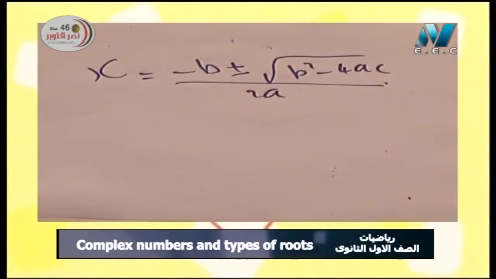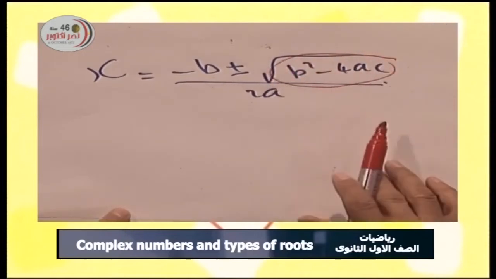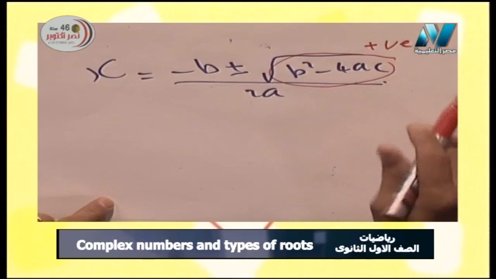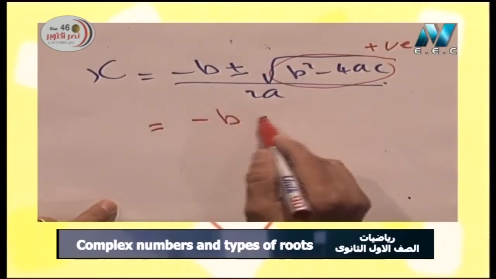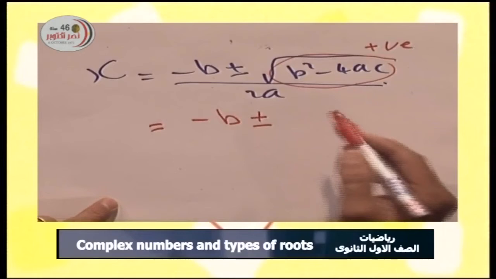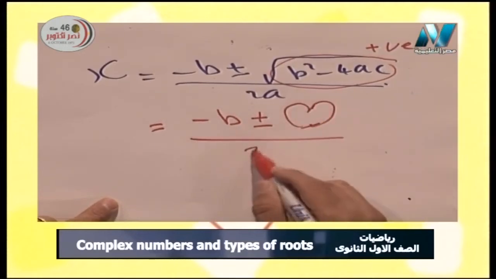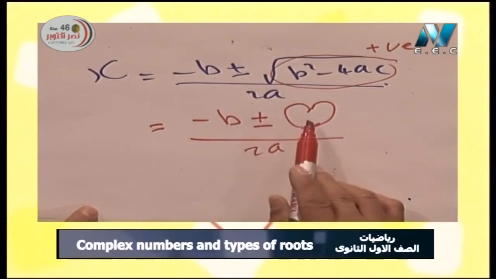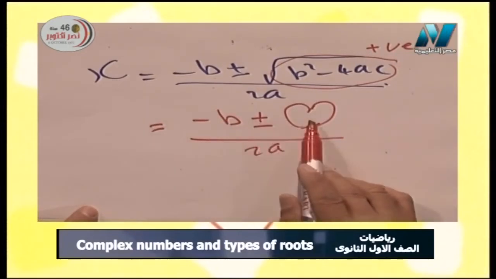If the discriminant, b² - 4ac, equals a positive number, then we have two solutions. Say the square root over 2a, any number here. We have negative b plus this root over 2a, and negative b minus this root over 2a.